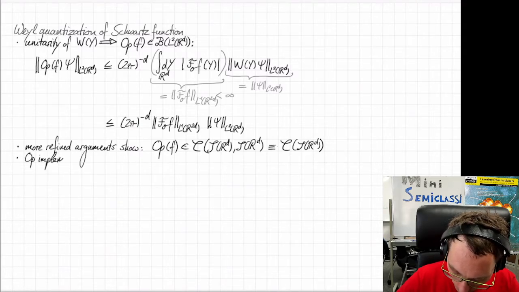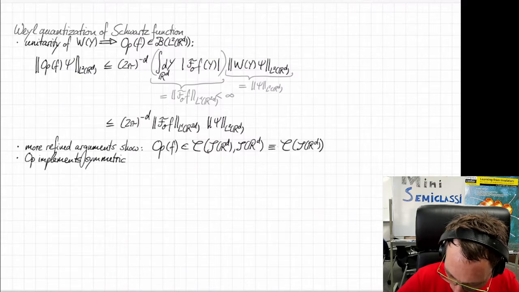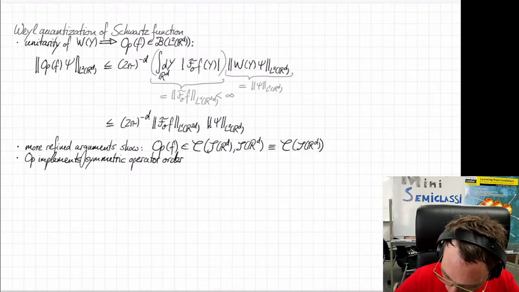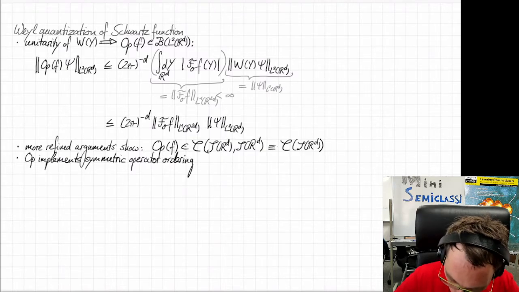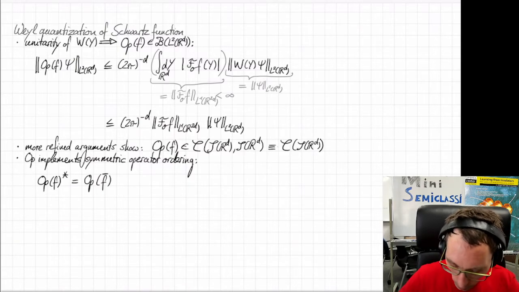So op implements symmetric operator ordering, in the sense that, like I wrote before, the adjoint of the Weyl quantization is equal to the Weyl quantization of the complex conjugate function.